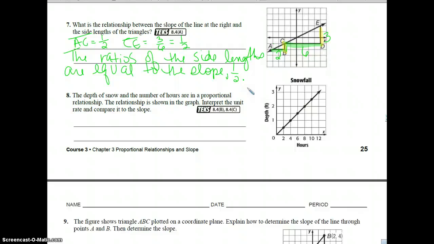Okay, let's look at number 8. The depth of snow and the number of hours are in a proportional relationship. The relationship is shown in the graph, which is right here, and then it says what we have to do first is we have to interpret the unit rate and compare it to the slope. So we have 2 things to do here.